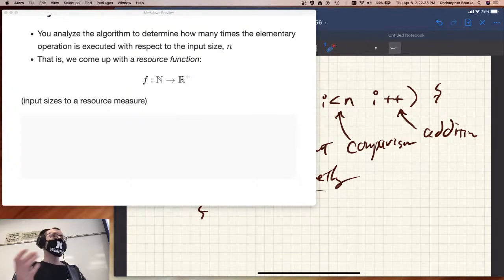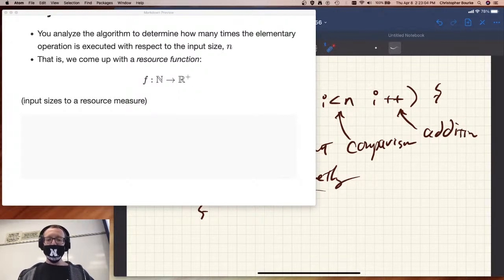If your resource measure is power, have you ever heard of a computer that you run on an input of size 50 and it generates power rather than consuming power? Nope. Like I said this morning, if you find that, start mining some Bitcoin really quick, because not only are you mining Bitcoin, you're also generating power rather than consuming power. Then you could hook that back into the grid and get some money for it.